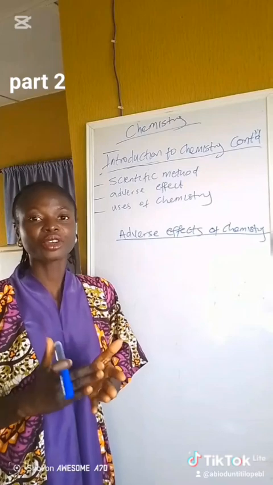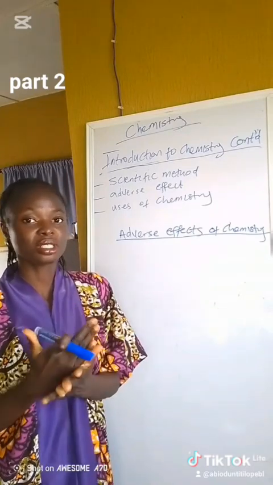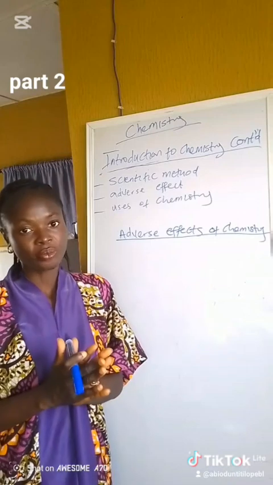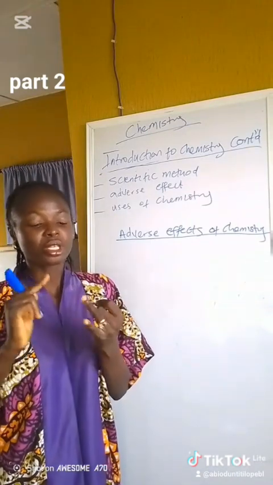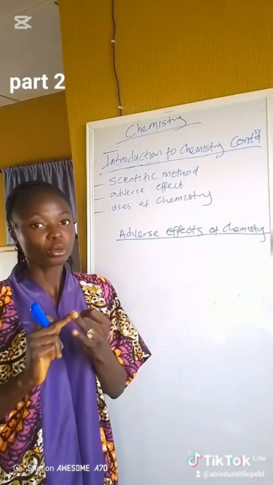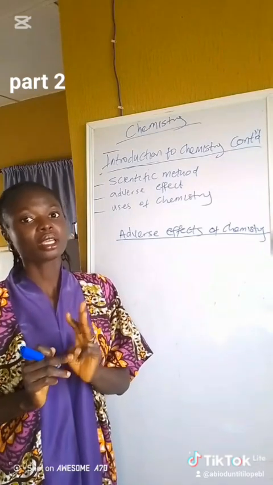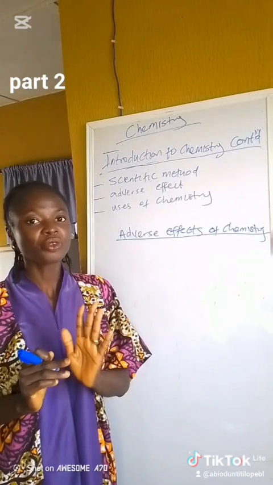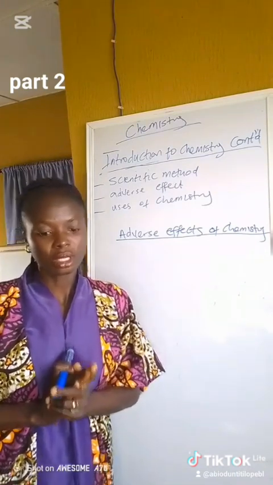Because of the manufacturing of excess drugs, people have started abusing the usage of drugs. So those are the three adverse effects, the harmful effects of chemistry in our world today: corrosion of iron, pollution, and drug abuse.